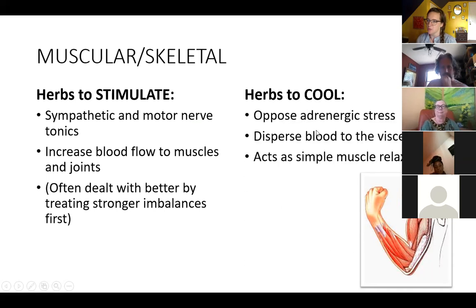And then to cool down perhaps an overactive musculoskeletal system is to oppose the adrenal stress, disperse the blood to the viscera. These are your outer tissues, and act as simple muscle relaxers.